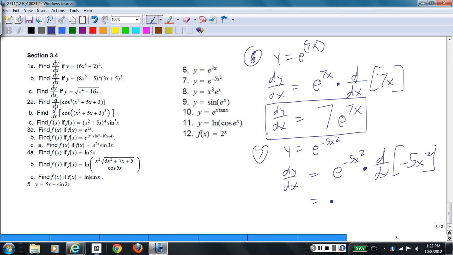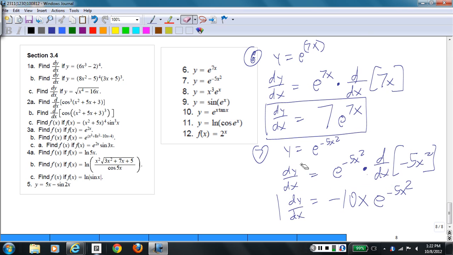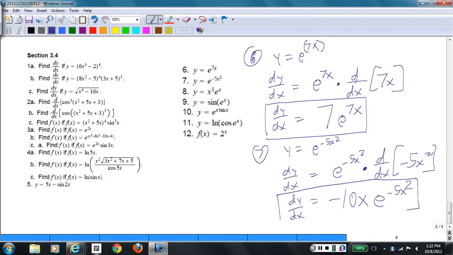So it's negative 10x e to the negative 5x squared. Just like that. So I definitely need to put those in the test. Yeah, they actually are kind of nice. I would hate to have omitted this from the test. They can get a little bit on the ugly side.